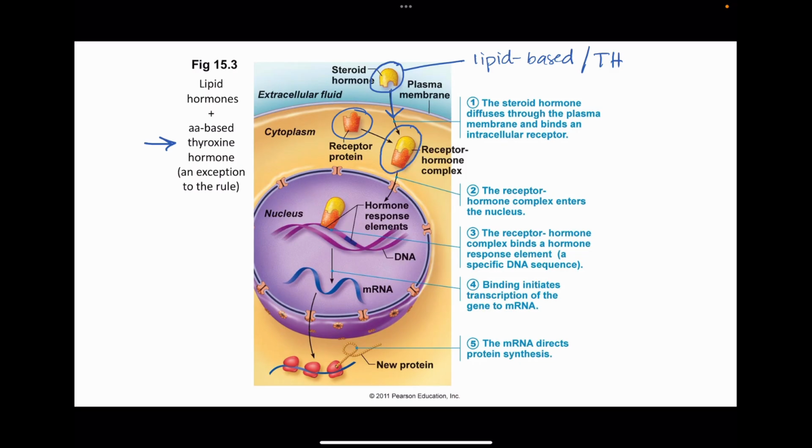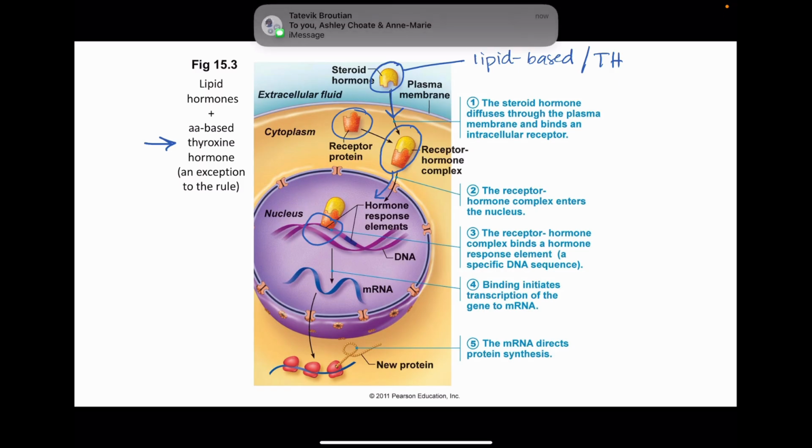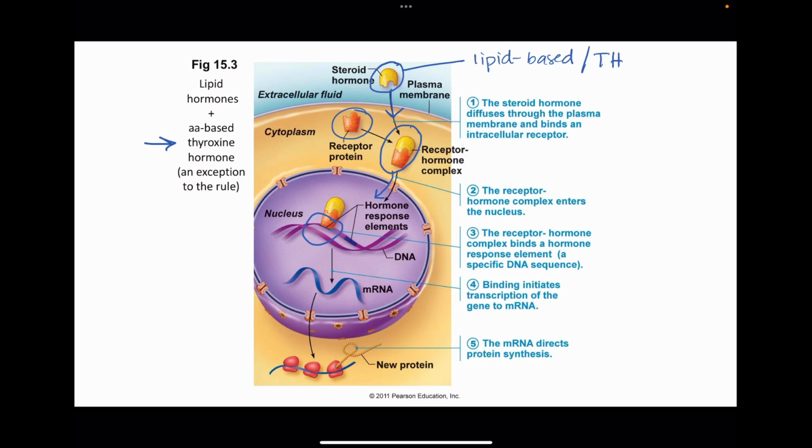The hormone is going to find that receptor and bind to it and create a complex. That complex is going to be able to travel into the nucleus in order to find our target gene or target piece of DNA. And it's going to activate that gene. Once the gene is activated, we can transcribe it into mRNA, translate it into a new protein, and then that new protein can carry out the desired response. Okay.